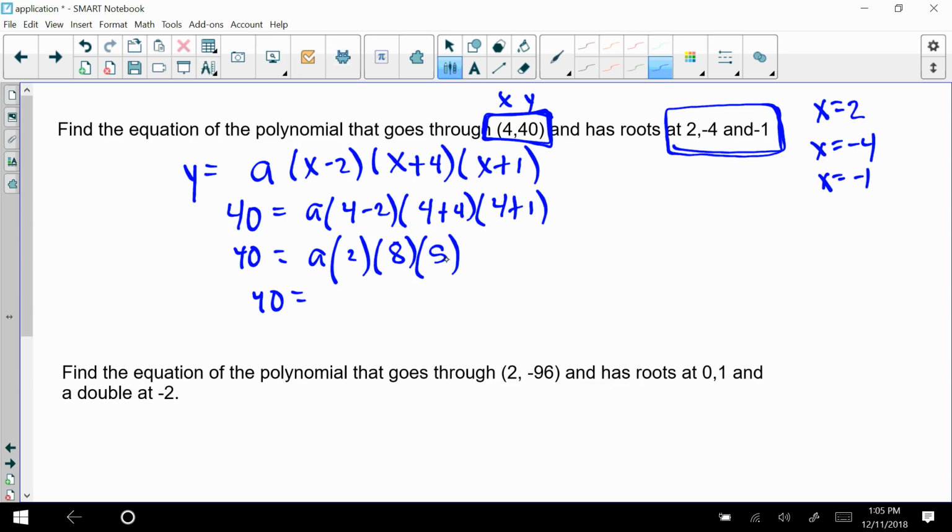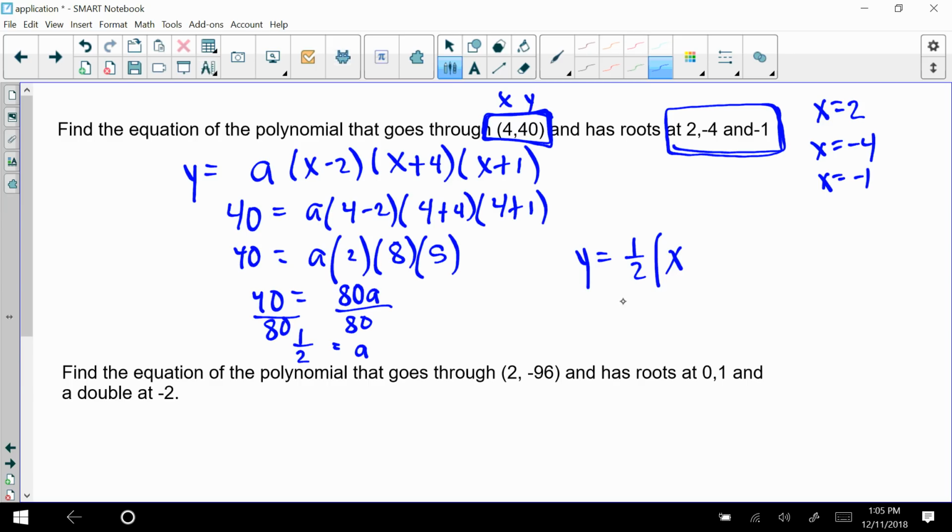What's 8 times 5? It's 40. 40 times 2 is going to be 80. So I have 80a. Divide by 80. And I'm going to get a is 40 over 80, which is the same thing as 1/2. So it turns out we do have a factor out front. It's not a nice polynomial.